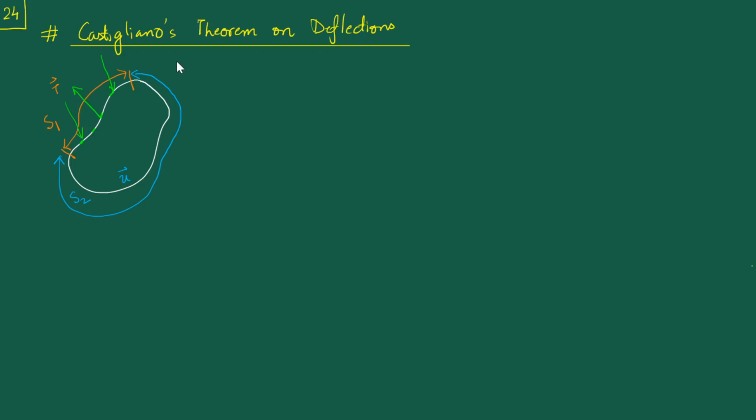Now, ideally you would think that these point forces should be acting on points, but as we'll discuss as part of the proof, these point forces are really a manifestation of a very concentrated distribution of forces.